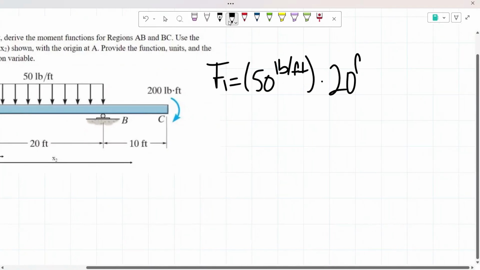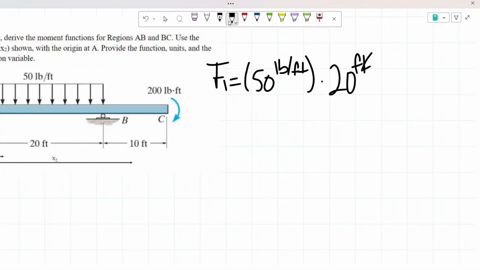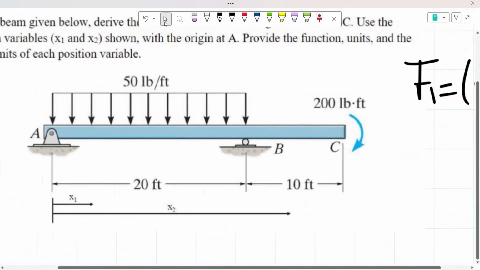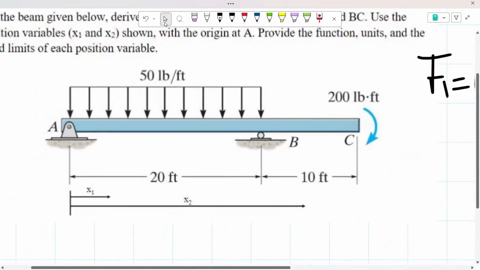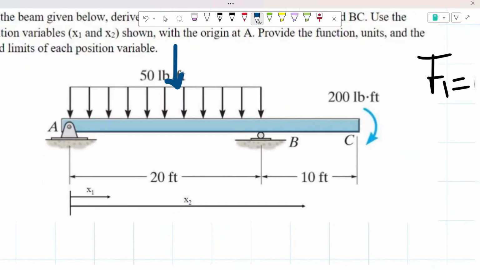Our feet would cancel out, giving us just a force of 1,000 pounds. And since this is a uniform loading, it will act at mid-span, which would be 10 feet from point A or 10 feet from point B. It doesn't really matter since it is 20 feet.